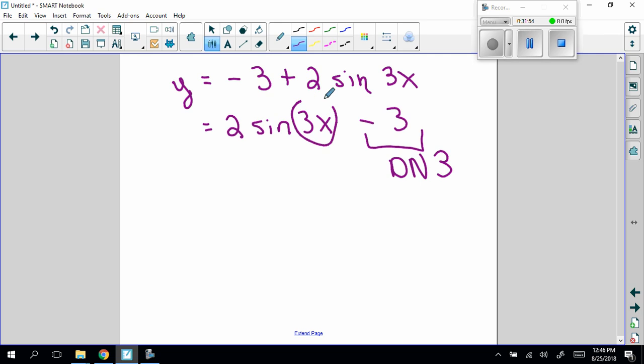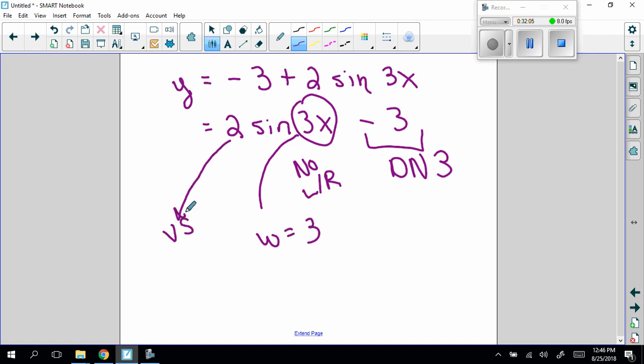There is no left, right. But omega is 3, and the VS, the vertical scale, not Victoria's Secret, is 2. But if it's sine or cosine, you say the amplitude is 2. Anyway, I'll zip this out.